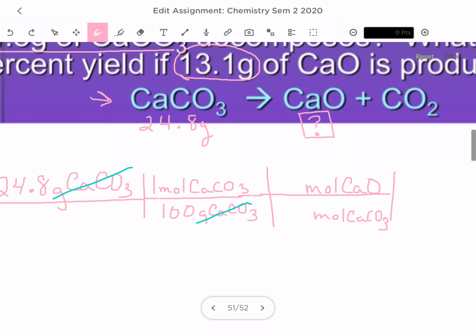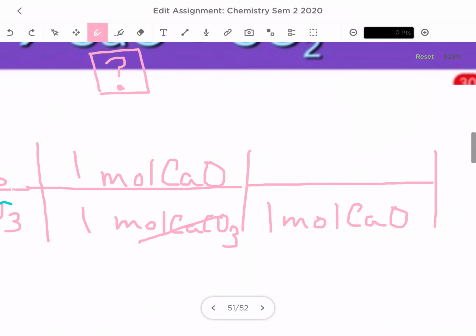Now I'm in moles of CaO, so now I need to convert to grams. So in 1 mole of CaO, there are, let's go back down here and add it up again. So 40 plus 16 is 56. So 56 grams of CaO.